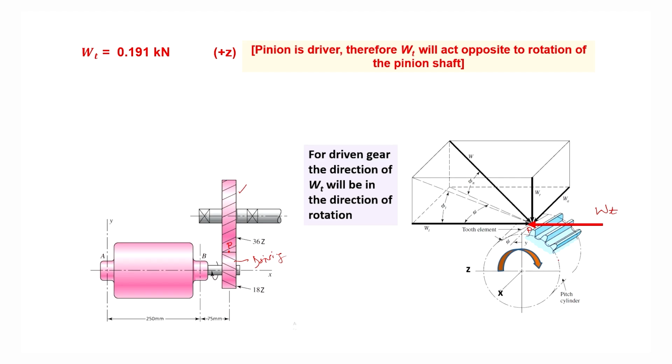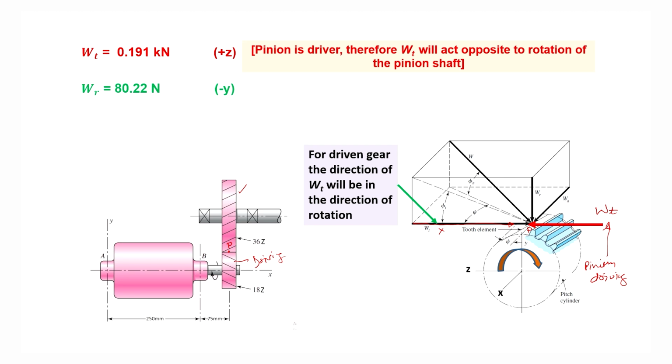So, if this is considered as a driven gear, then it is rotating in this direction, clockwise direction, and so the tangential force on this, if it is a driven gear, will act in this direction, from this to this. But for our case, our pinion is the driving member of the gear set, and so Wt will act in this direction, not in this direction.